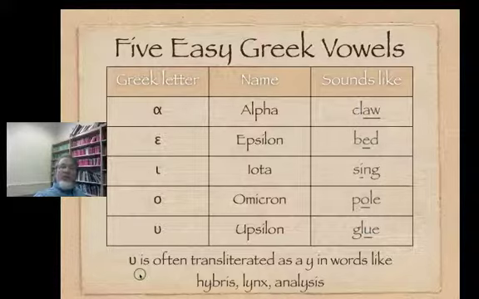When the upsilon is its own vowel, when we borrow a Greek word and bring it into English, we'll turn that solitary upsilon vowel into a Y. And so you will have seen it in words like hubris and lynx and analysis.